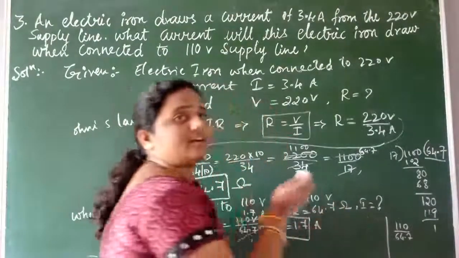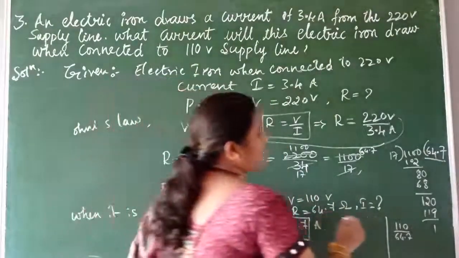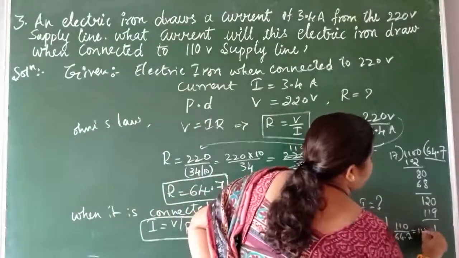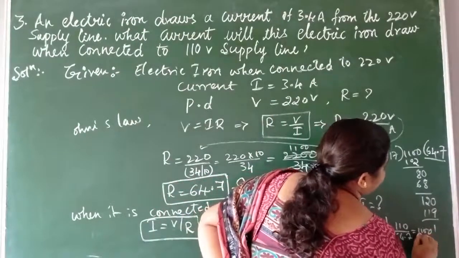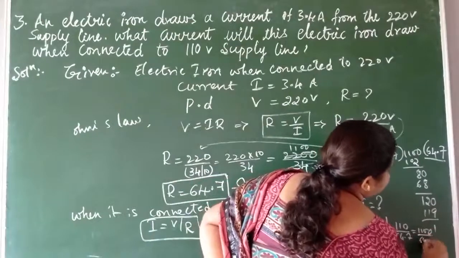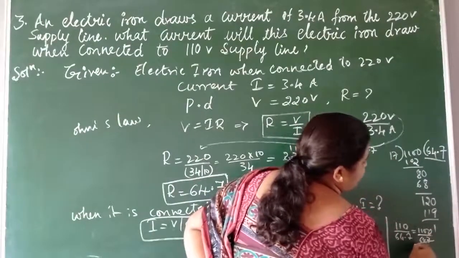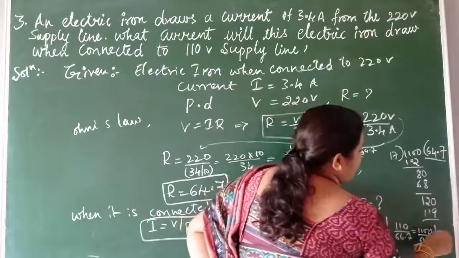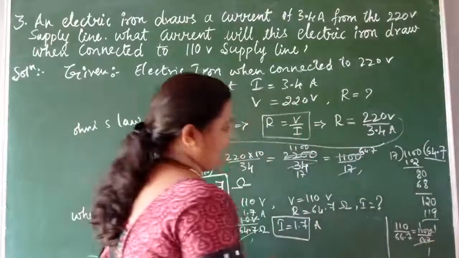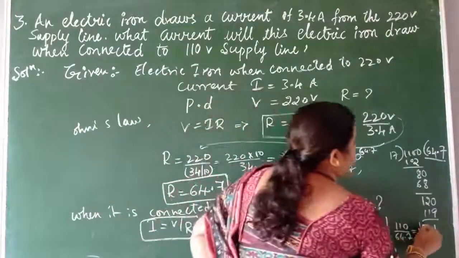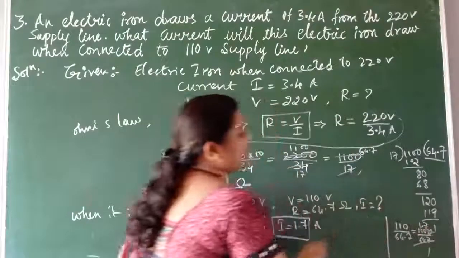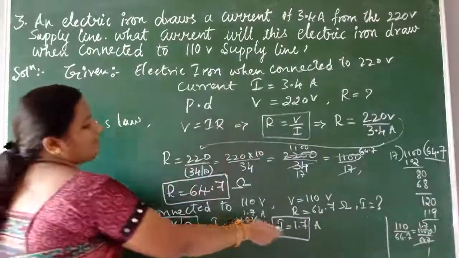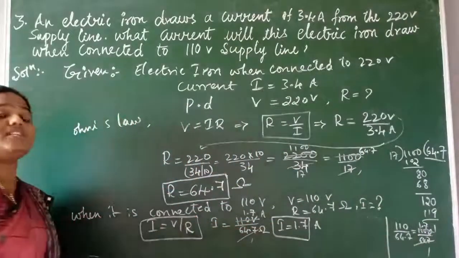That denominator goes to the numerator, so how much does it become? 1100 divided by 647. Now 647 one and 647 one, isn't it children? And again 7 ones, isn't it children? So the same value we have obtained, I is equal to how much?